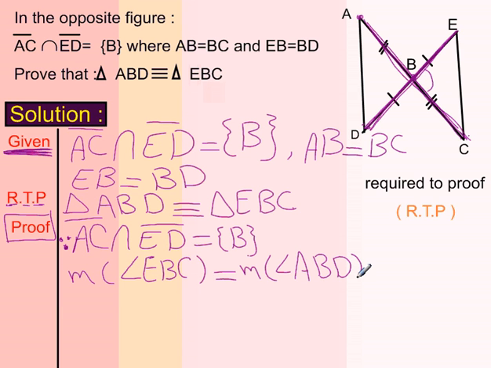Why? Because they are vertically opposite angles. The next, what we have from the triangle ABD and the triangle ABC. We have the angle ABD equal the angle ABC.